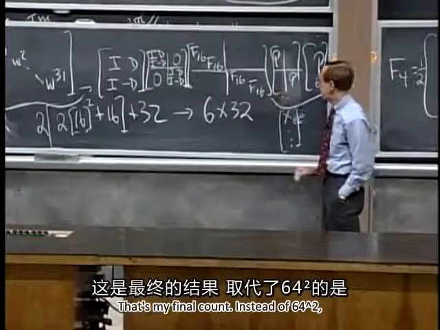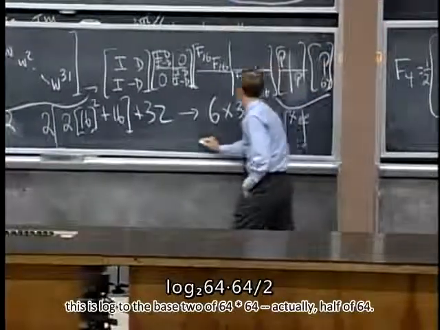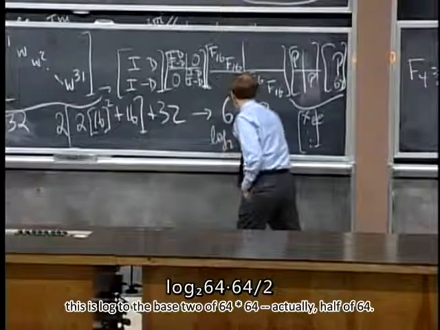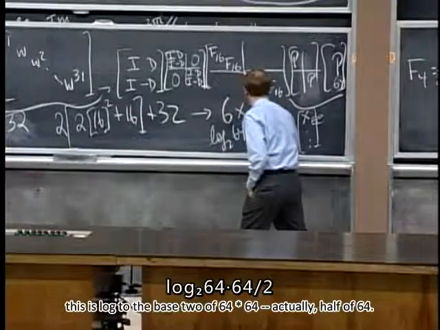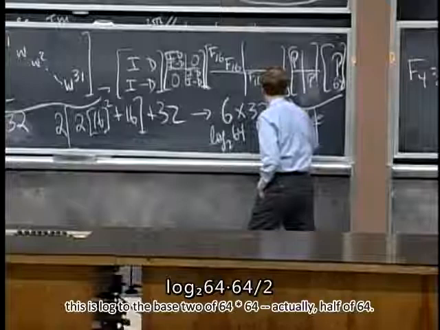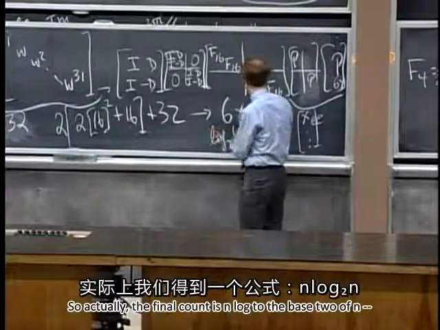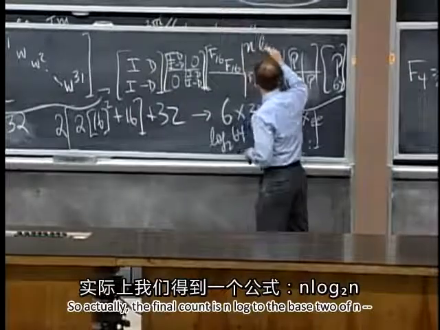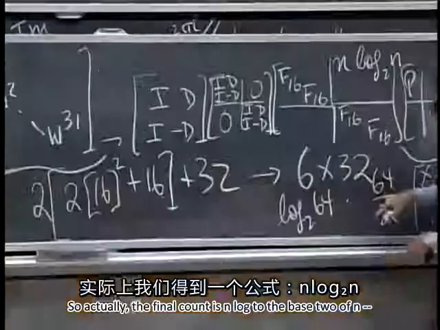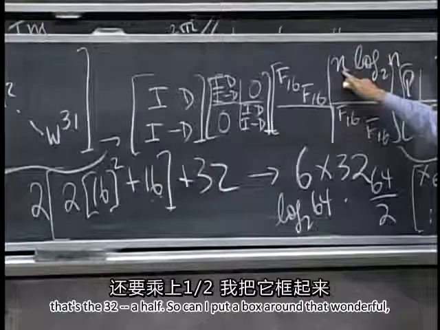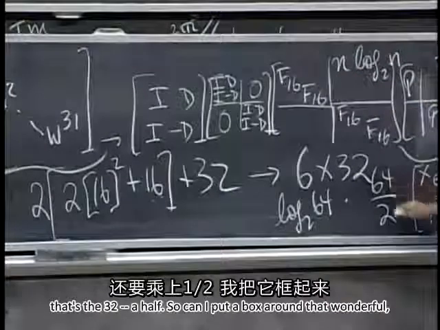Instead of 64 squared, this is log to the base 2 of 64 times 64. Actually, half of 64. So actually, the final count is n log to the base 2 of n. That's the 32, a half.